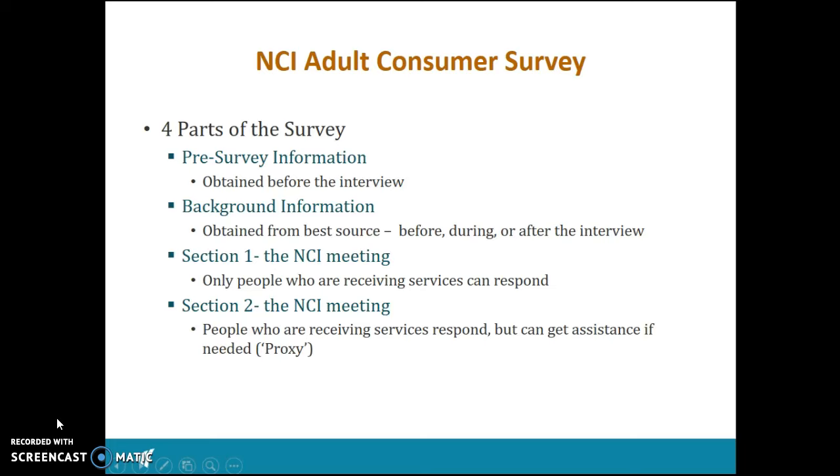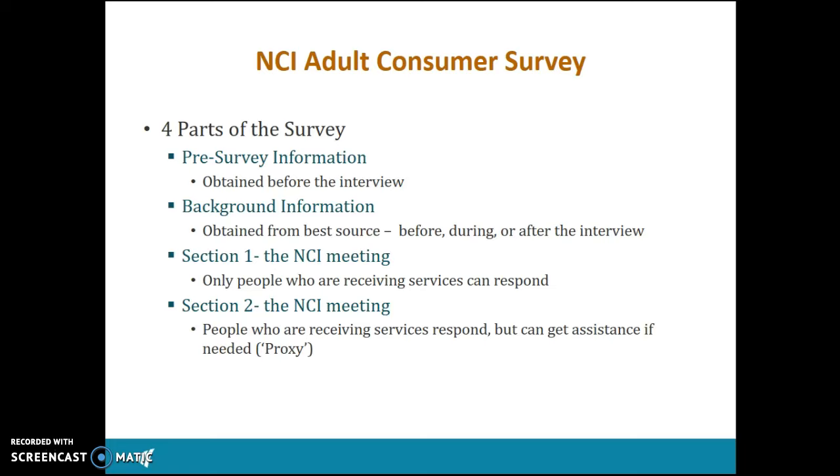All right, so a little more specifics about the Adult Consumer Survey, and again, you all are pretty familiar with this. There are 4 parts of the survey. First, the pre-survey information, which is always collected before the meeting takes place. This is information to help interviewers set up and conduct the survey. It includes familiar names and terms that the person may better understand, rather than some of the service jargon and words that we use throughout the survey.